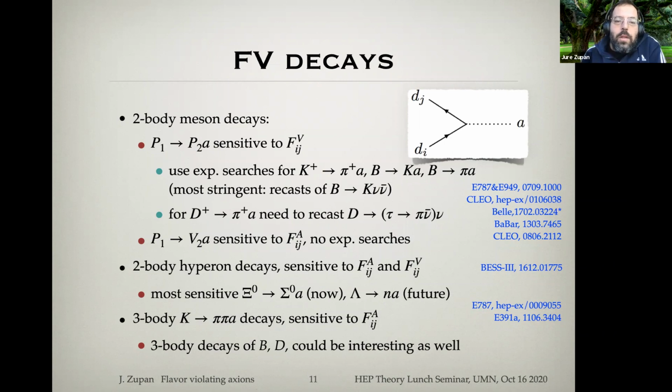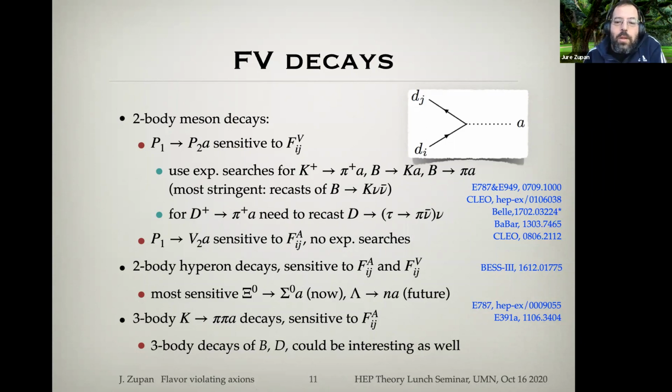If it was a two-body meson decay that came from this flavor violating coupling, so let's say a pseudoscalar to a pseudoscalar like K to pi a, B to K a, B to pi a, this would be sensitive to the vector coupling. And the interesting thing is that quite often the searches were not done by the experiments.